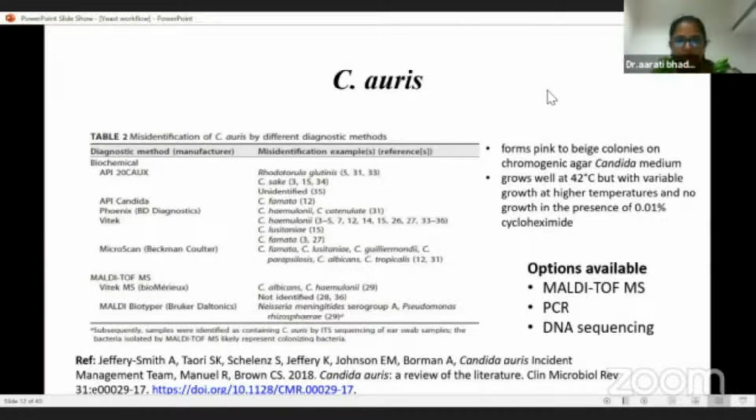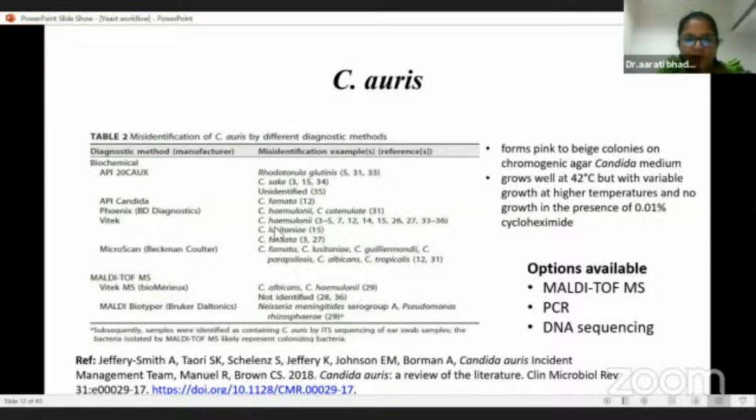So this is one paper. In this, they evaluated the misidentification of Candida auris by different diagnostic methods. The identification systems depend on biochemical reactions, hence they will give Candida haemulonii or other species, as Candida auris cannot be detected. Their database does not have that species.